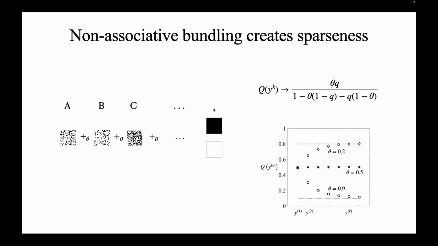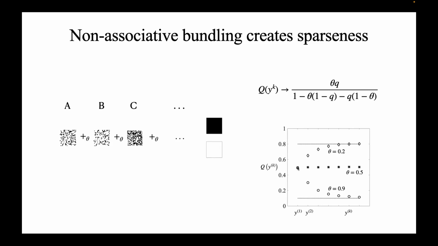If this threshold here is away from 0 and 1, so if the bundling is really not associative, the mean activity of this state here will asymptotically, when the sequence of words bundled together becomes infinite, converge to this number here. This is precisely what you see here.